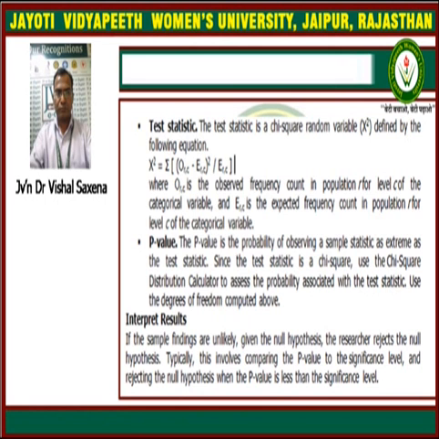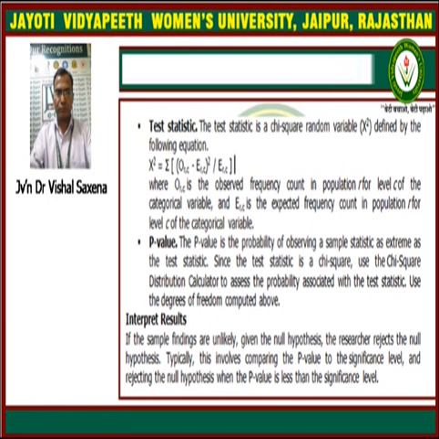So now, finding the test statistic. The test statistic is chi-square, and chi-square is equal to the sum of (O_r,c minus E_r,c) whole squared upon E_r,c. That is the formula for the test statistic. After this the p-value will be calculated.